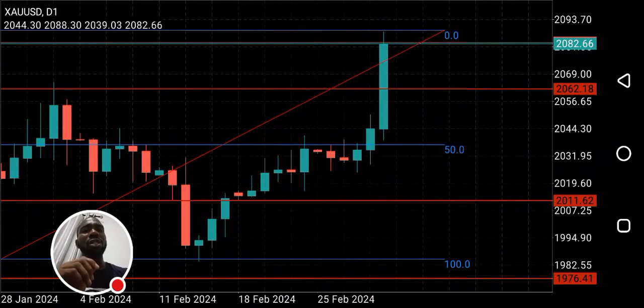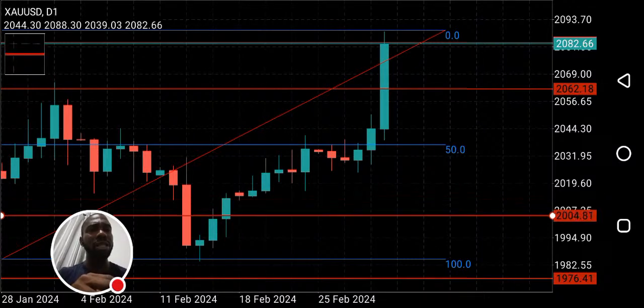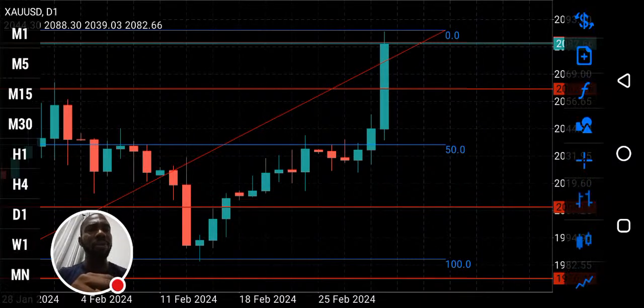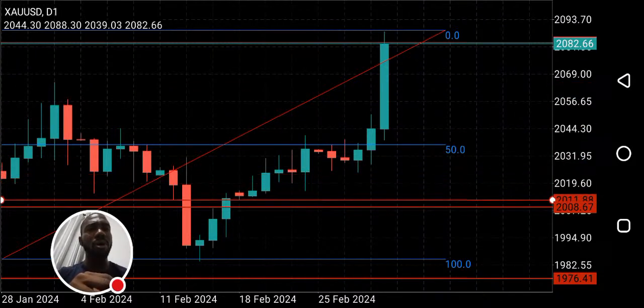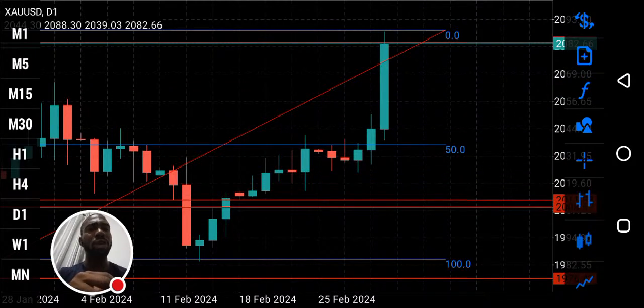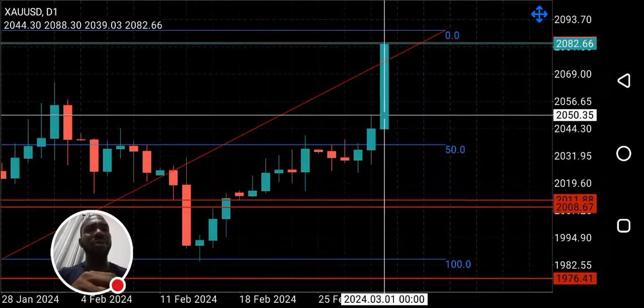On the daily time frame, we have several fair value gaps. This was a fair value gap that was created on the daily time frame, but I'm not sure price will pull back to this level because of this aggressive move.